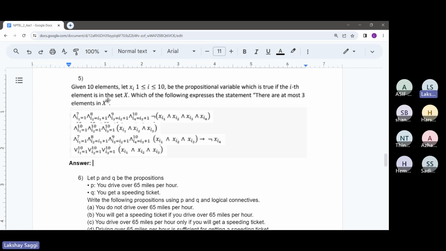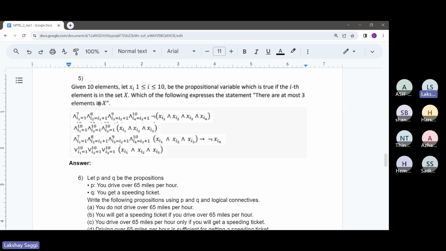So we are taking multiple conjunctions over expressions, and the innermost conjunction is taken first. So this option A means that we take xi1, xi2, xi3, xi4 and we take their conjunction and then its negation, and we do it for all i4 from i3 plus 1 to 10.